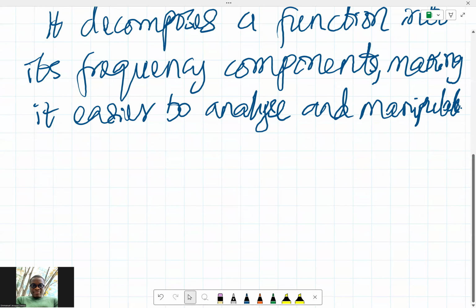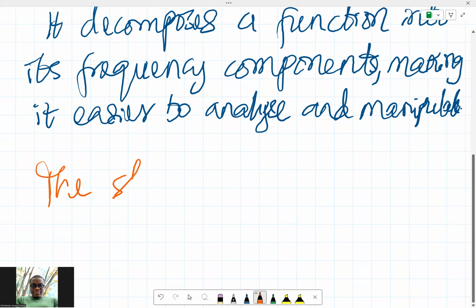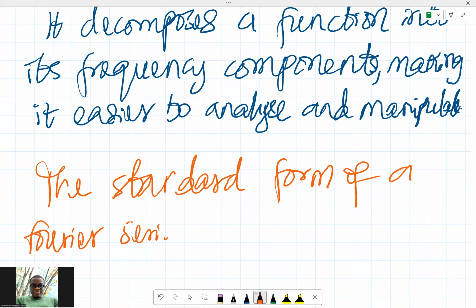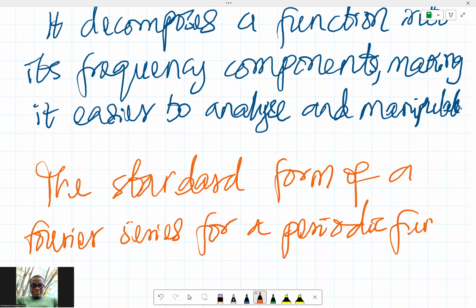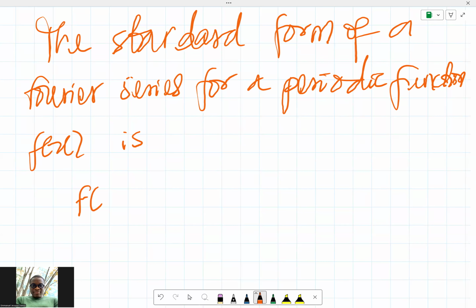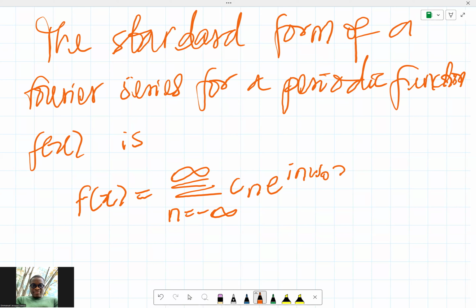So the standard form of a Fourier series for a periodic function f of x is f of x equals the summation from n equals minus infinity to infinity of c_n e raised to the power i n w naught x.